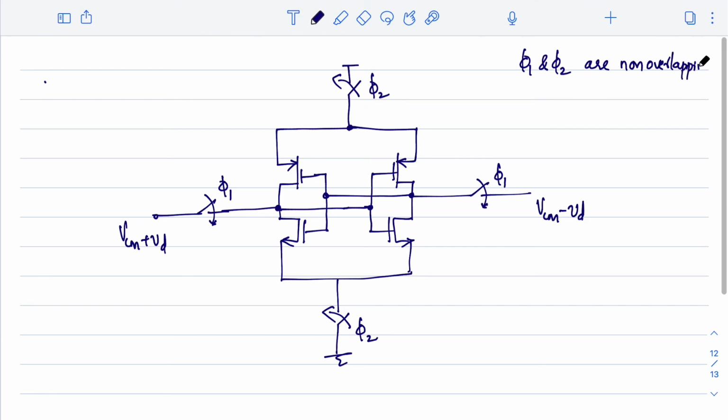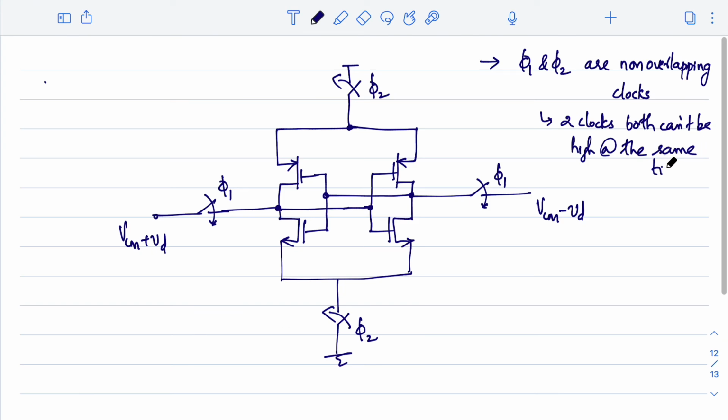What do you mean by non-overlapping clocks? Both are not high at the same time. Two clocks cannot be high at the same time.